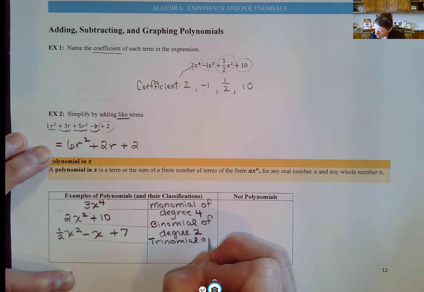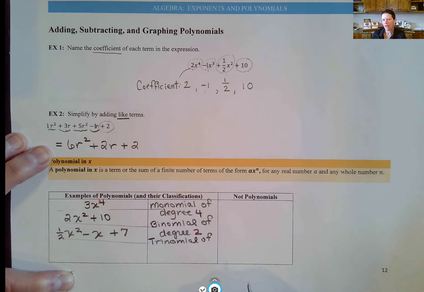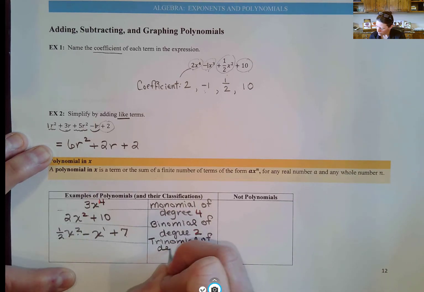And okay, what is its degree? Compare your terms. We've got a 7, that's degree 0. We see a degree 1 term, and we see a degree 2 term, and that's the highest degree, isn't it? So this is a trinomial of degree 2.